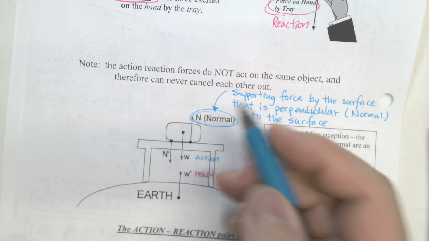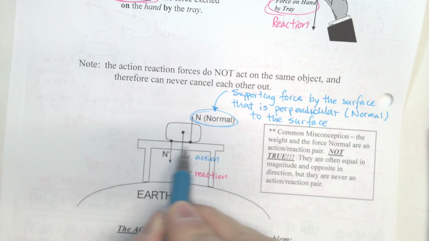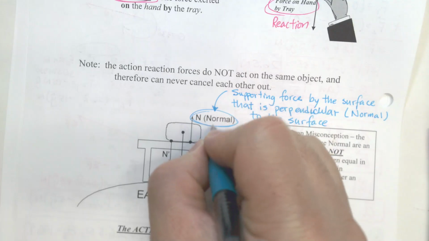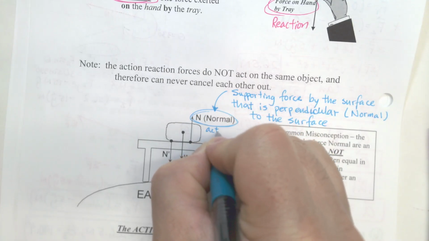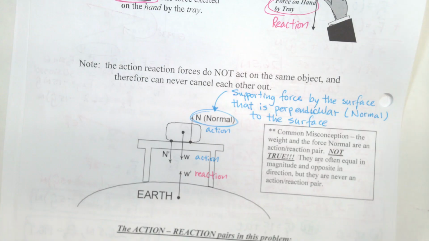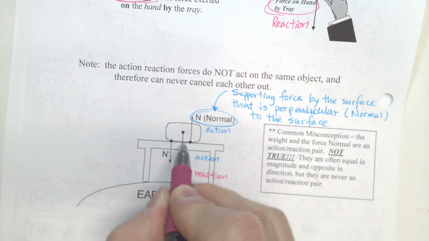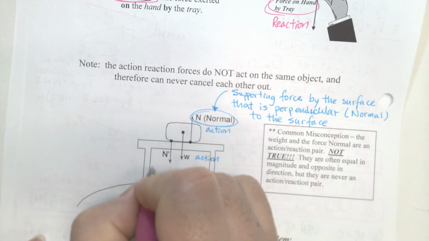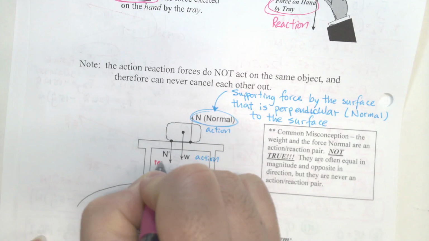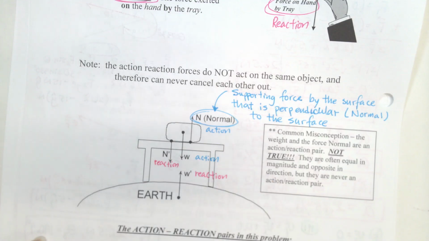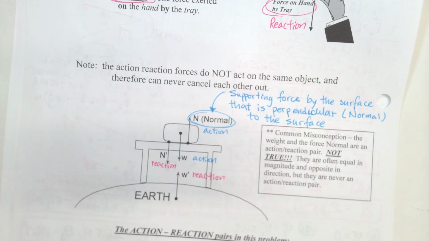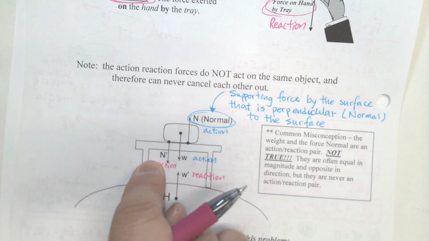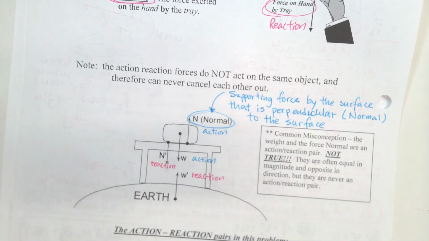This normal force, which is the surface of this table supporting the object, let's call that the action. The reaction force is the object applying force onto the surface of the table, which is the normal prime. So make sure you understand the difference between the normal force and normal force prime and weight prime.